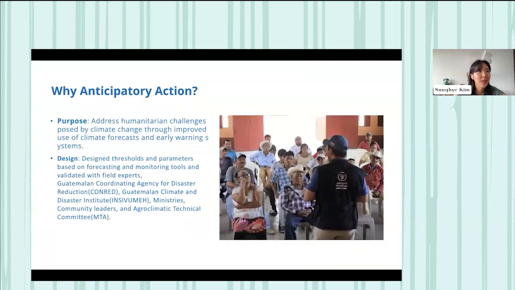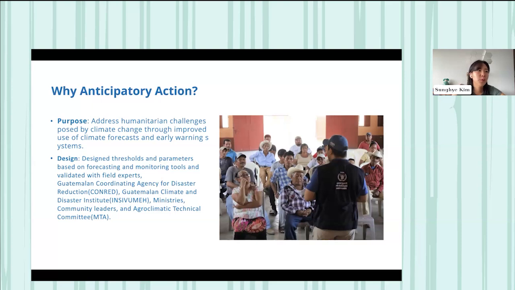Why anticipatory action? Last year, as I mentioned before, the World Food Program in Guatemala piloted the anticipatory action model specifically designed for prolonged droughts or dry spells, here known as caniculas, in the dry corridor of Guatemala.